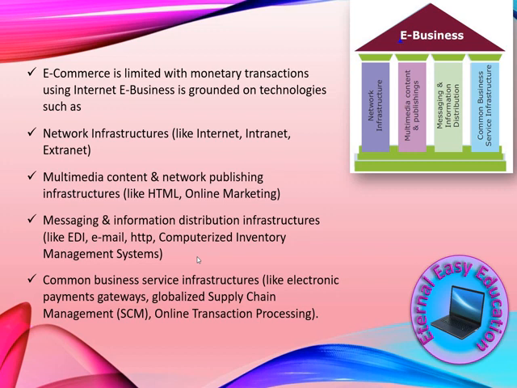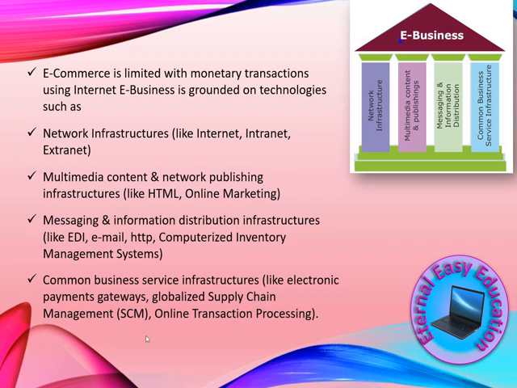That means if you search for a product, order a product, and get the order and the delivery report, everything is by messaging and information distribution. Then common business service infrastructures like electronic payment gateway. Yes, we are able to see the business detail, but at the same time if you want to pay an amount, it is also possible online itself.